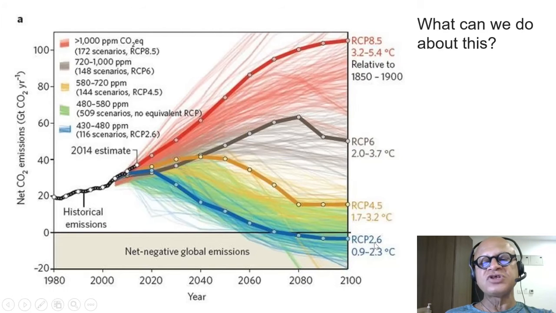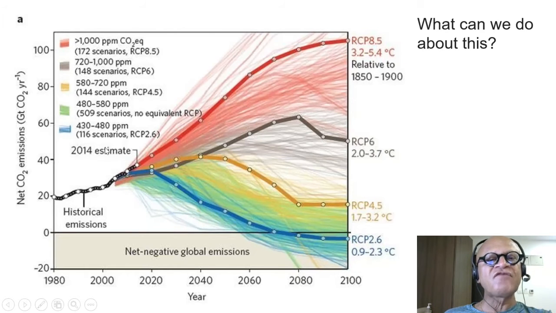So a net forcing of 2.6 is the benign one, which can bring us to the possibility of staying below 2 degrees centigrade with a certain probability and with a certain range, as you can see here, 0.9 to 2.3 degrees centigrade. There are many models used to do these and many scenarios of population increase, technologies, renewable options, and so on. You can see 116 scenarios, 509, and so on.